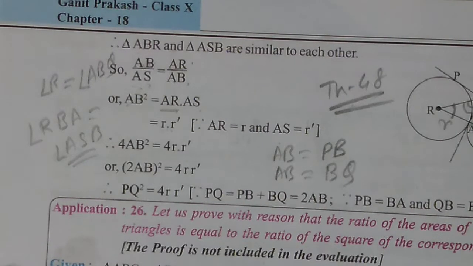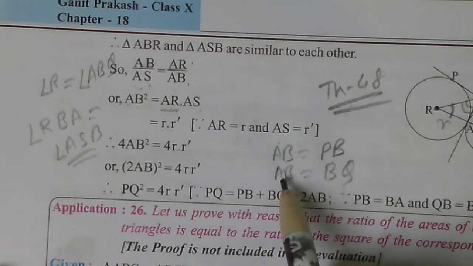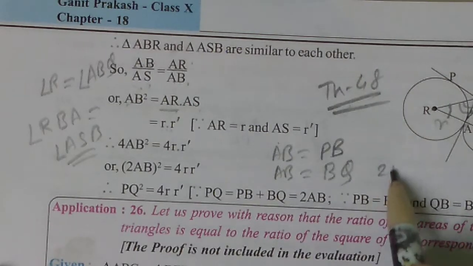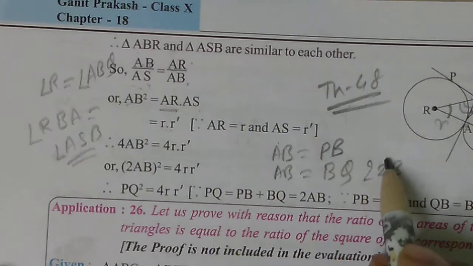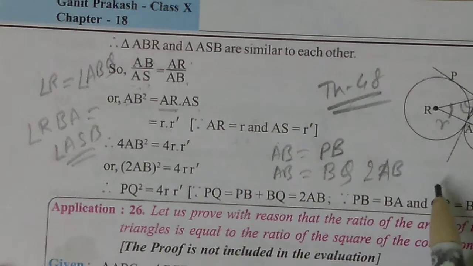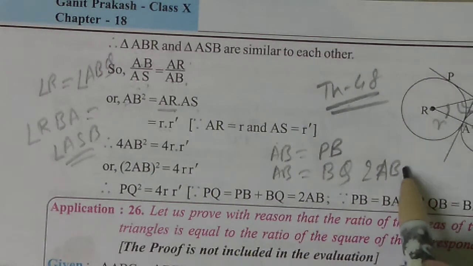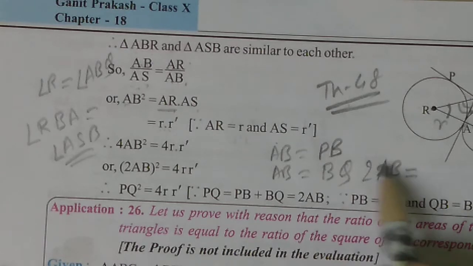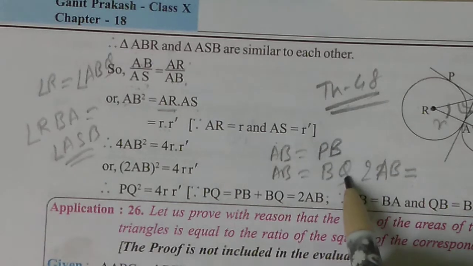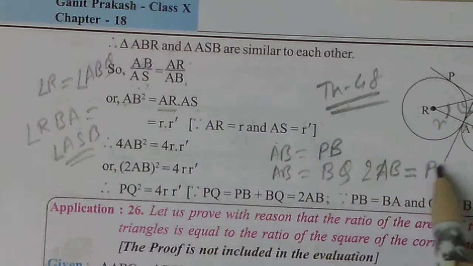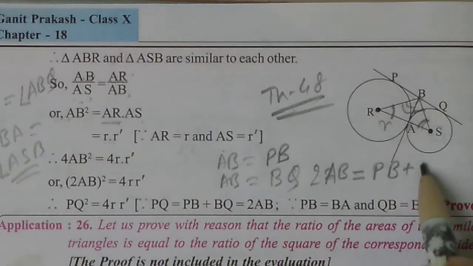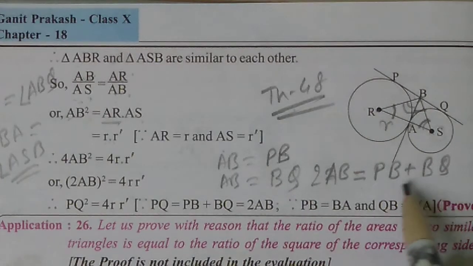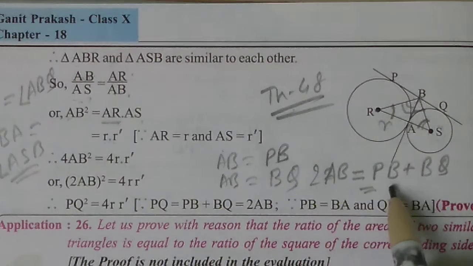If we add, 2AB equals BP plus BQ, that is PQ.